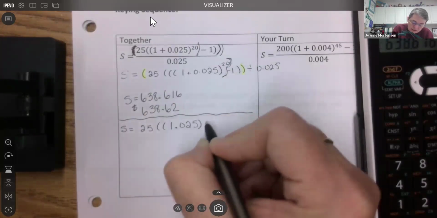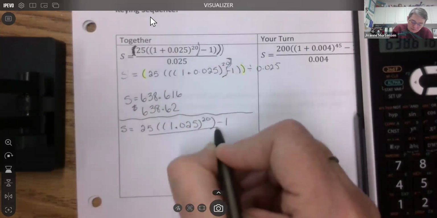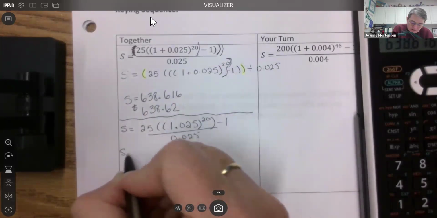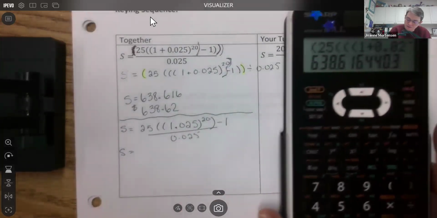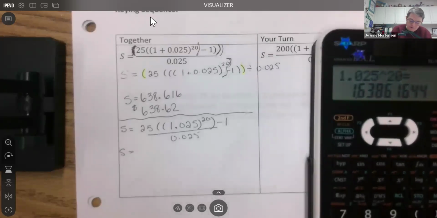I do not need my calculator for that. Minus 1 divided by 0.025. Okay, we're always working from the inside brackets out, so I did my innermost set. Now I'm going to do 1.025 exponent 20.